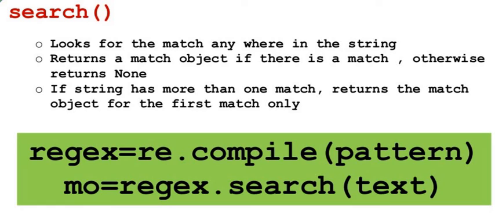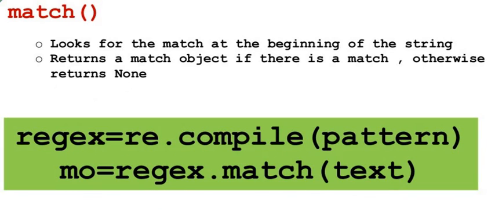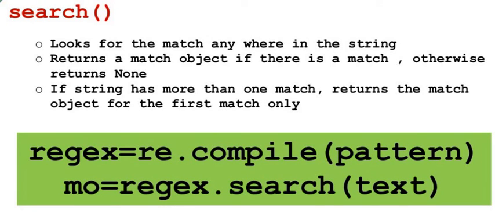Next method is search. That looks for whether there is any match anywhere in the string. In match, it finds at the beginning of the string, but in search it will find anywhere in the string. It returns the match object if there is a match, otherwise returns None. But if the string has more than one match, like my name is Ram and my brother's name is Krishna, in that string my comes 2 times.